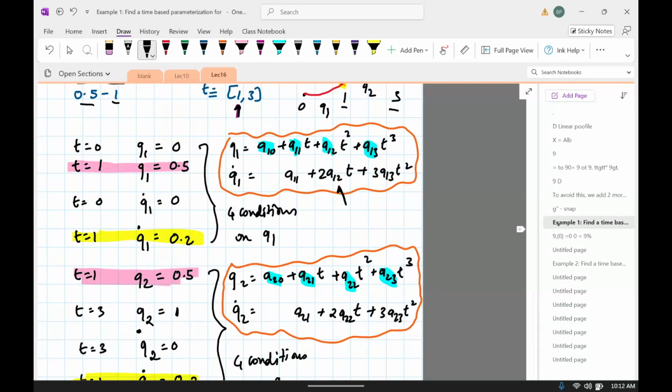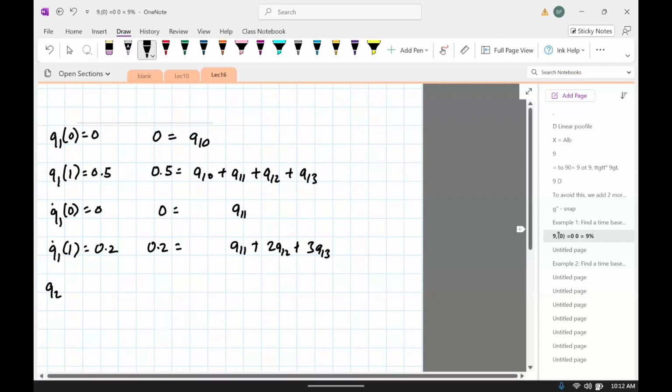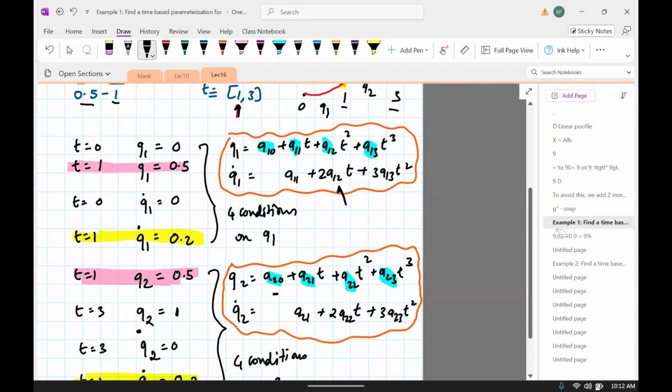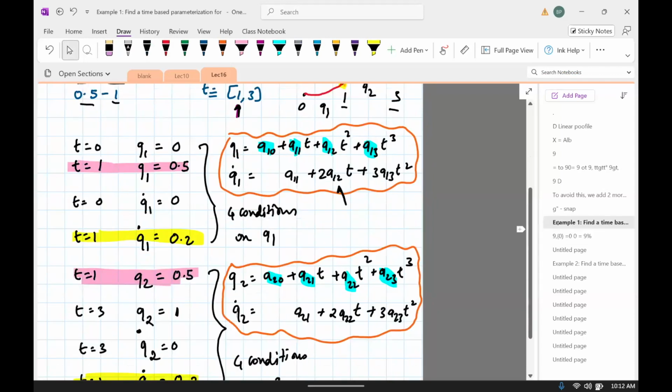Let's go to Q2. Q2 at t equals 1 is 0.5. So 0.5 equals, now we need to look at the second equation. In this equation here, we need to put t equals 1. So A20 plus A21 plus A22 plus A23. Next we have Q2 at t equals 3 is 1.